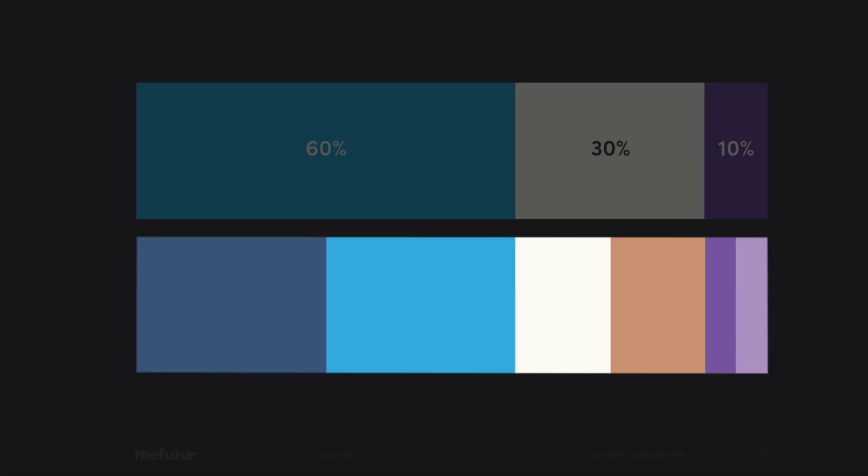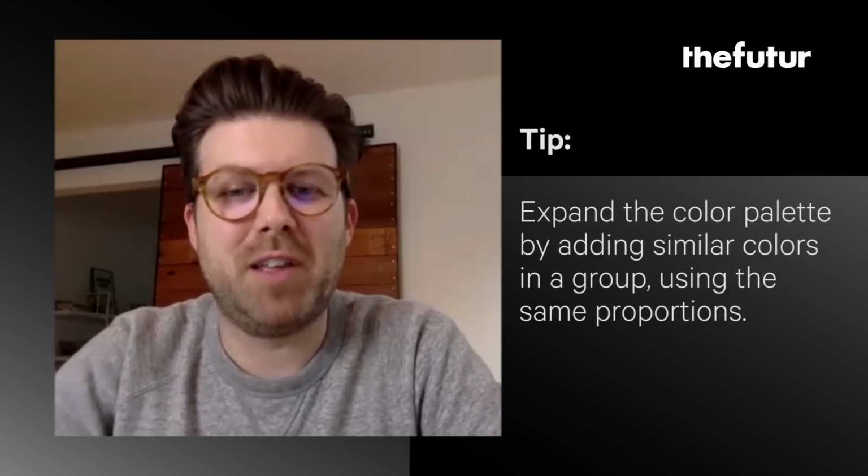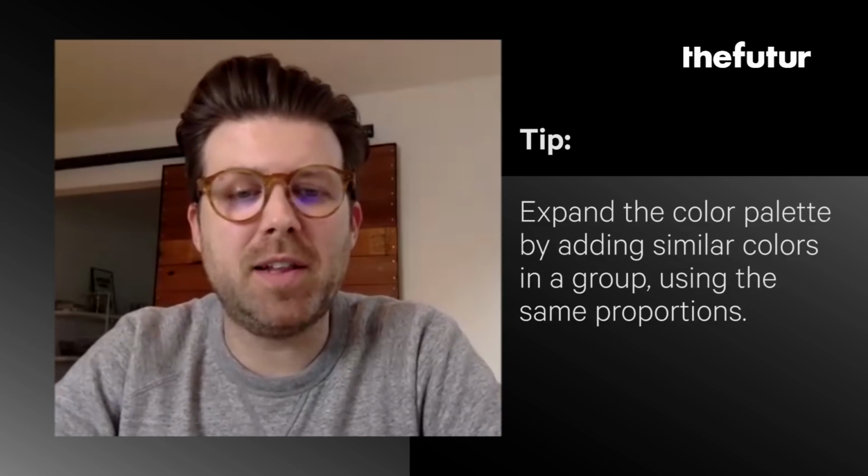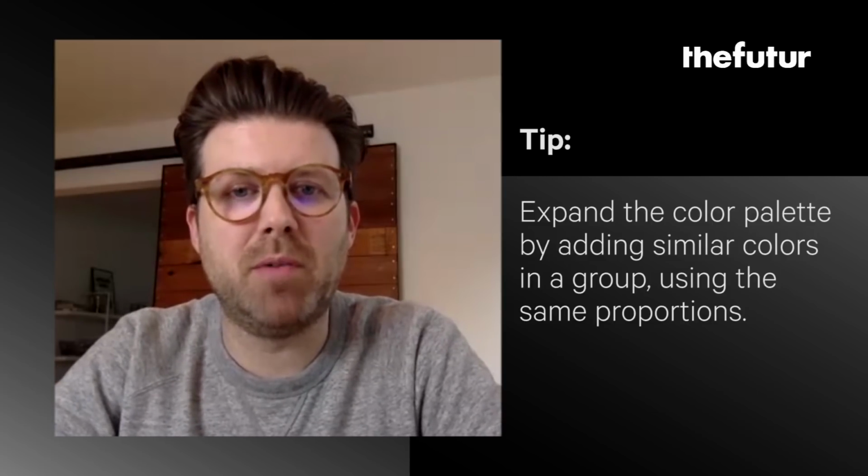A lot of times you'll have different types of the same color, and I like to keep them in the same kind of ratio. So let's say you have a light blue, a dark blue, there's this really light color, then there's a brown or a tan, then you have a couple different shades of the accent color, just to expand the palette a bit. I still like to keep them grouped by ratio.